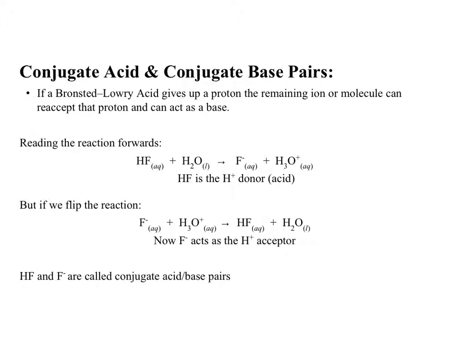So in this example here, we have hydrofluoric acid, HF, in water, and what ends up happening is that the hydrogen is transferred to the water, and the products are the fluoride ion and the H3O plus, the hydronium ion, okay?